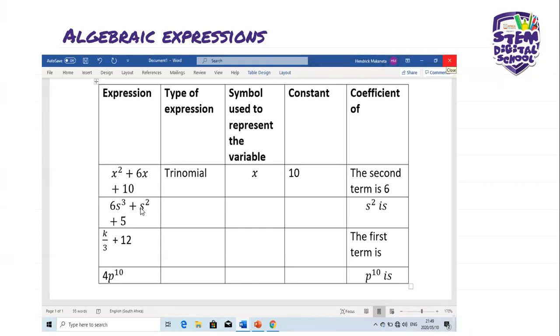But I'm looking for the coefficient of s squared, the middle term. Yeah, you are right when you say 6 is the coefficient of s cubed. That's correct. But I'm now looking for the coefficient of s squared. What is that coefficient? I don't think there is a coefficient for s squared.